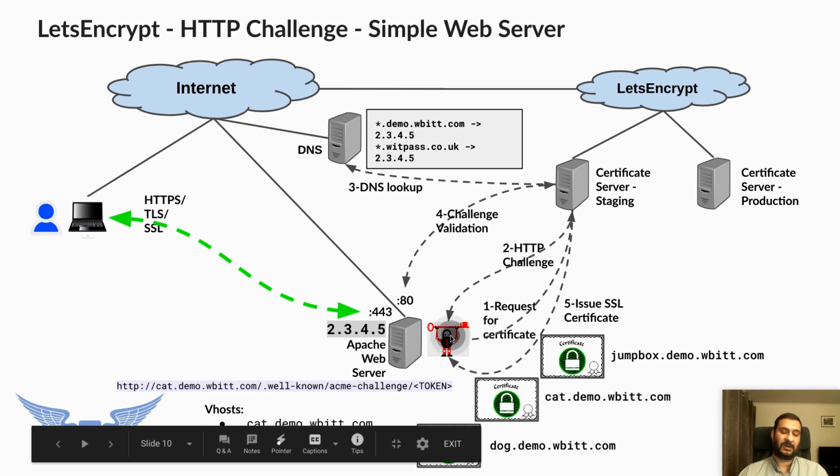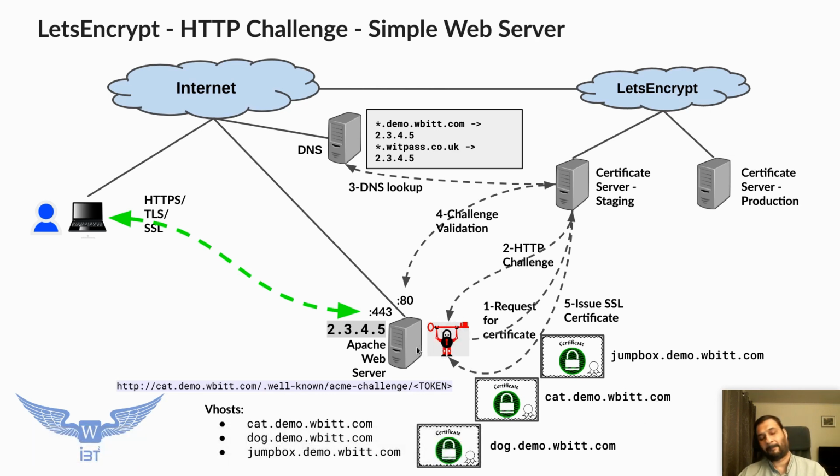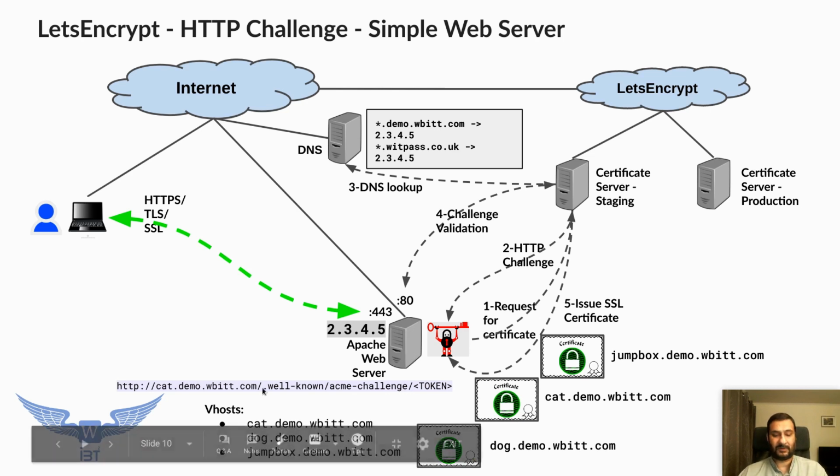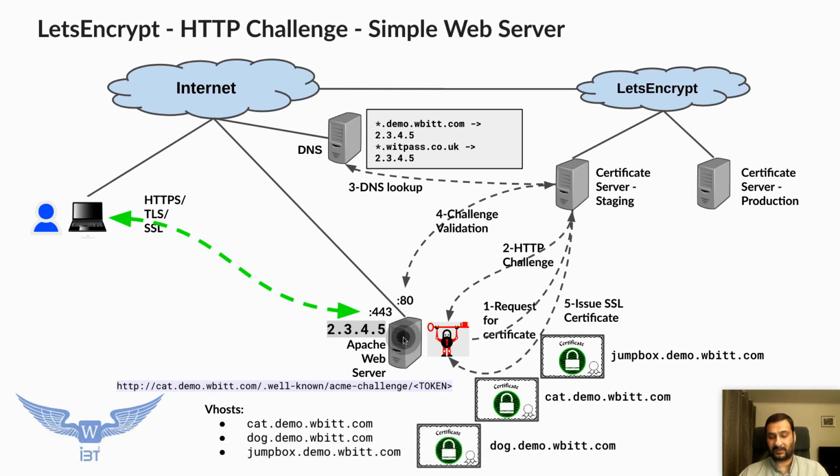And certbot, as soon as it receives the certificate, does 2 extra things, only if it is running beside Apache or Nginx. Those 2 things are that it will modify the virtual host configuration for this virtual host and make certain SSL related configuration adjustments, and will also restart the Apache or Nginx web server.